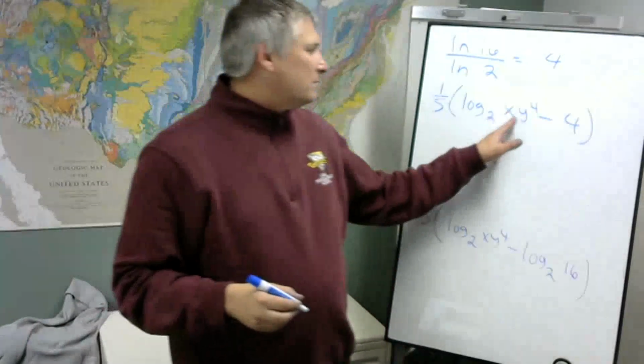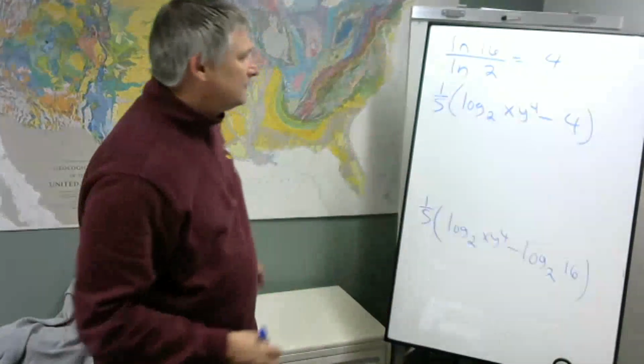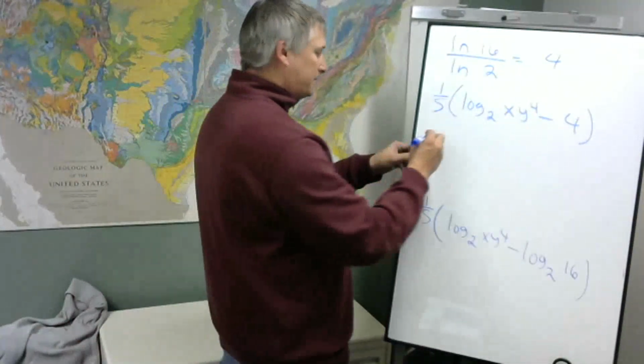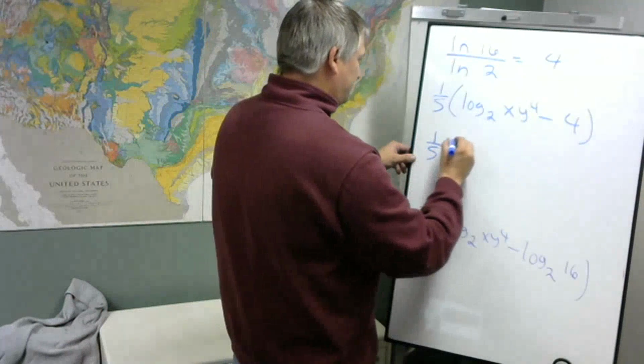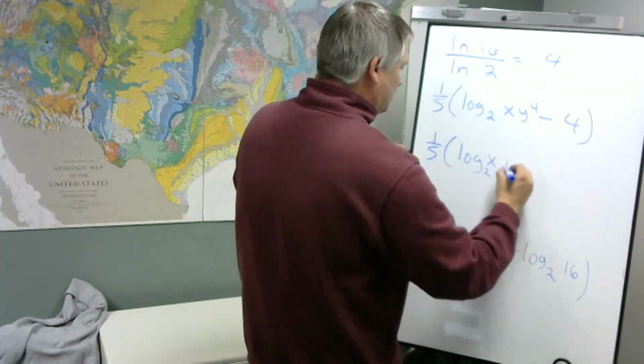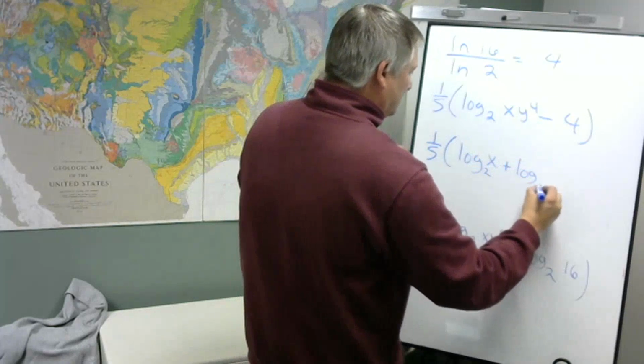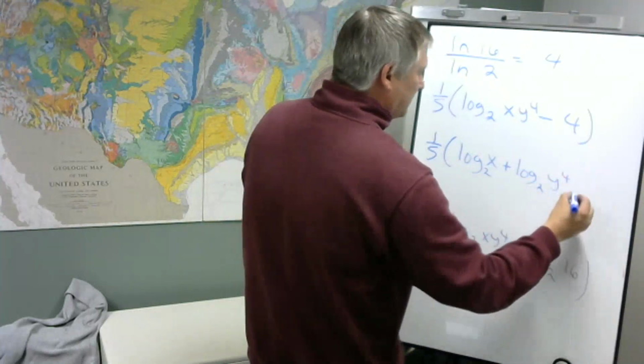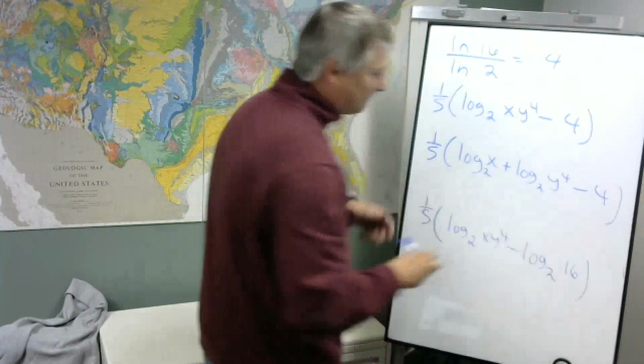And now what we can do, we can break this up. This is a product of x and y to the 4th. Log base 2 of x plus log base 2 of y to the 4th, minus 4.